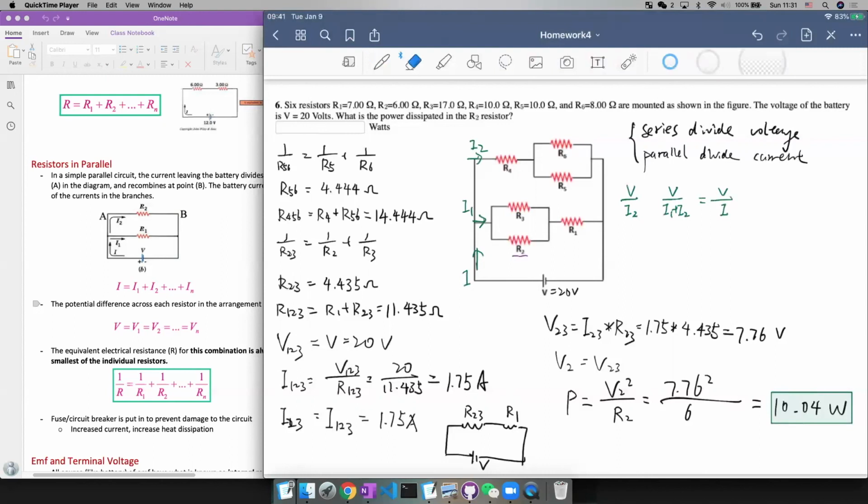Oh, no, yeah. Oops. Okay, let's write this. Actually, V over R456, right? This is the equivalent resistance. This actually equals I2.